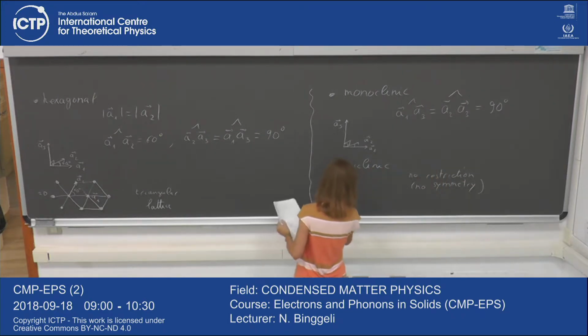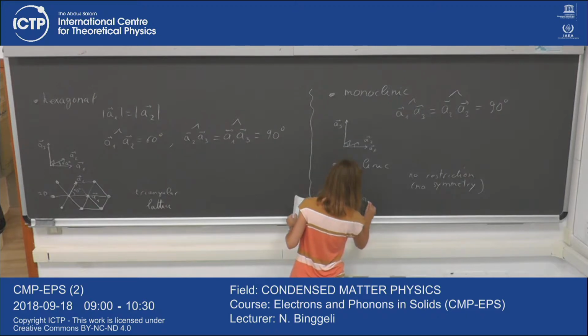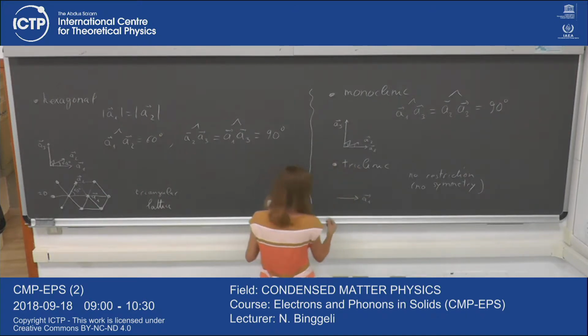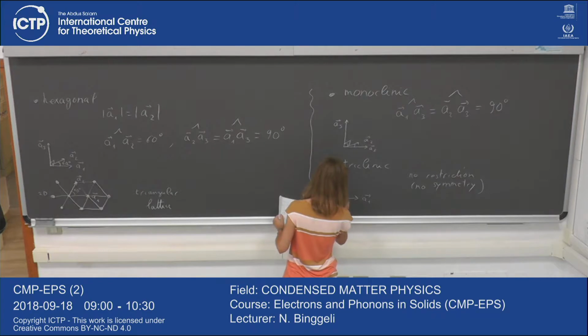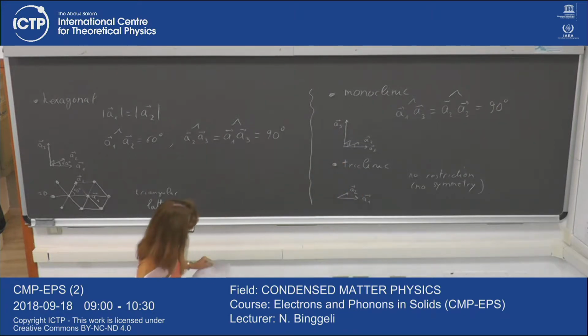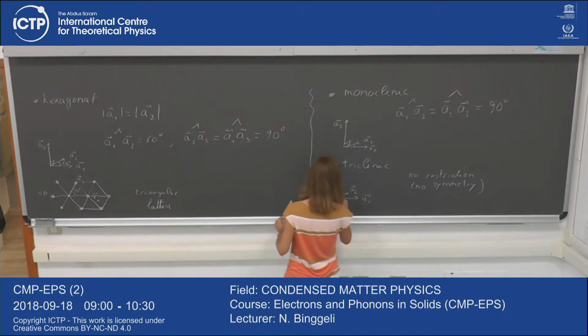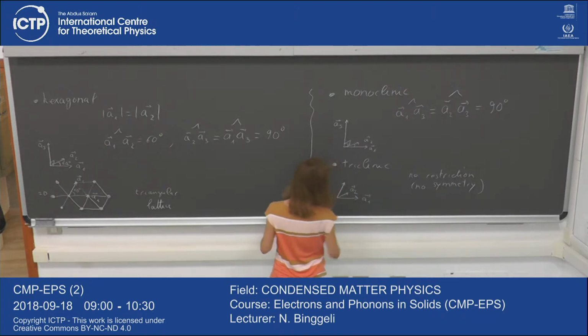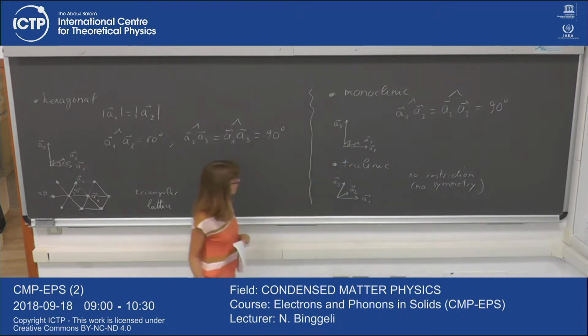So I have a vector A1, I can choose a given length. A2 has a length and an angle which can be anything, and A3 also has a length and angles to the other vectors which can be anything. So this is called the triclinic lattice.